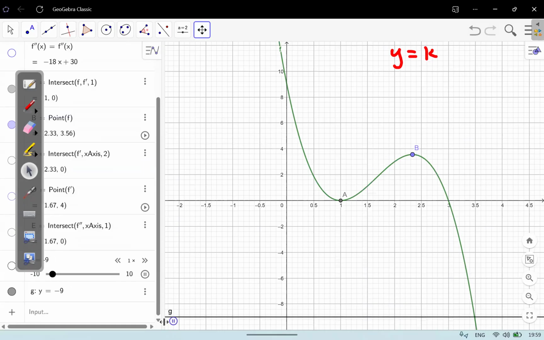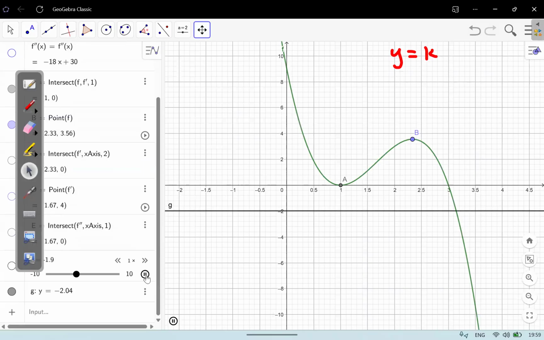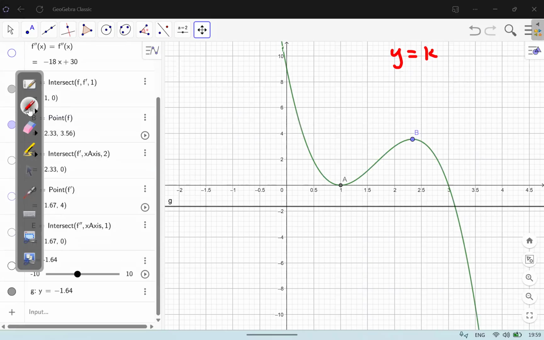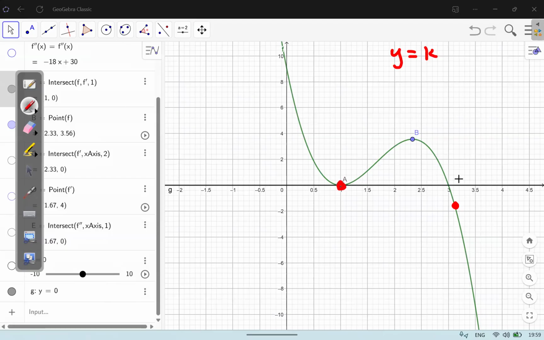Now, I'm going to pause it, and I want you to think with me here, because there's something important to note. I want you to note right now that this slider is touching the graph at exactly one point there. If I play it like here, I want you to note it touches the graph then at exactly 2 points.